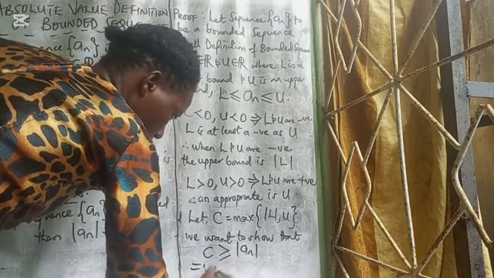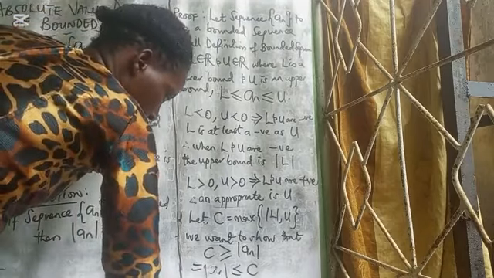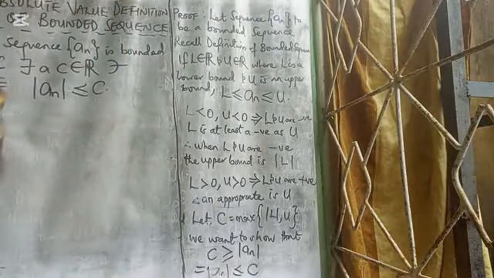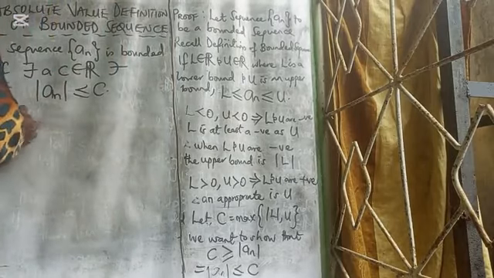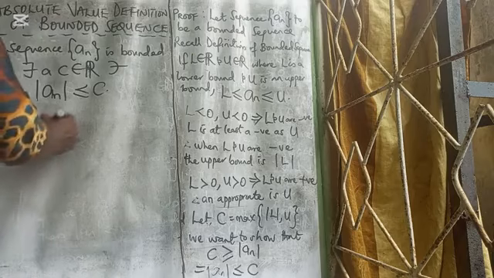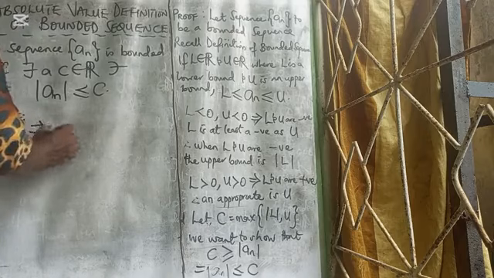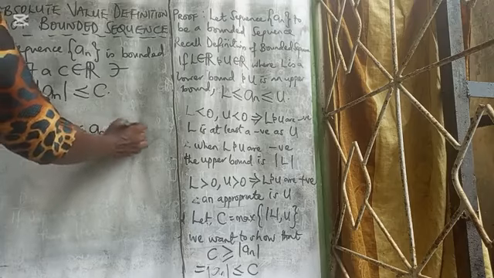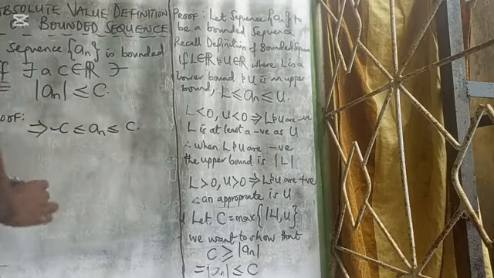Absolute value of A sub n is less than or equal to C. And if that is the case, what does that imply for us? If the absolute value of A sub n is less than or equal to C, by our equivalence, it implies that minus C is less than or equal to A sub n less than or equal to C.